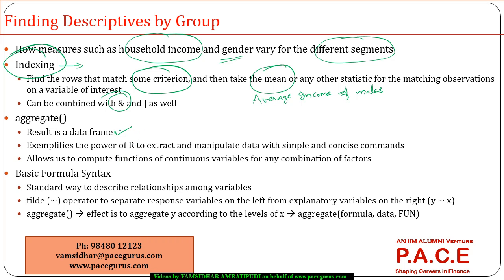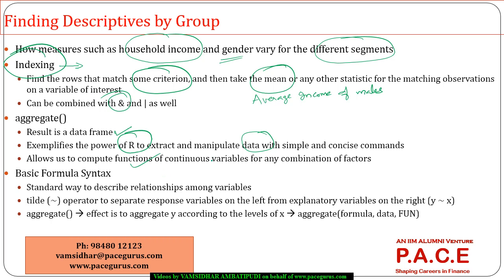So aggregate is actually exemplifying the power of R, where I can extract and manipulate the data with simple commands. Because now the aggregate is there with me, I can do anything I want on top of the aggregate. I can very well pull out any of the values with respect to the aggregate.